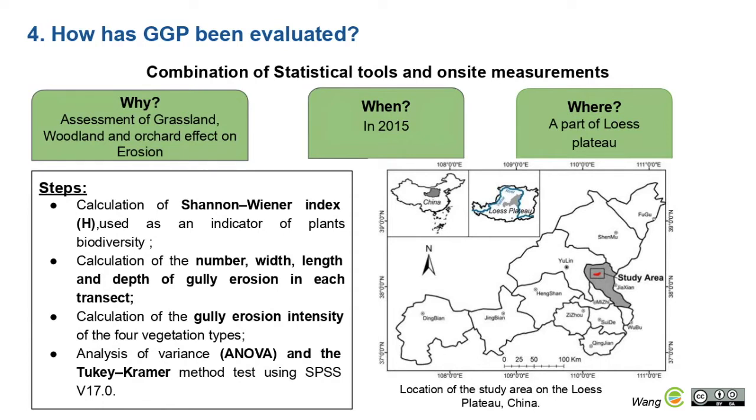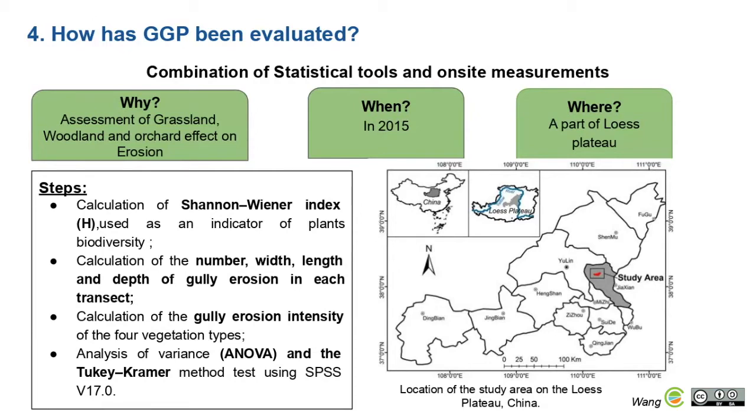So the studied area is a part of the Loess Plateau of China that is shown again in this map. And the study has been done in 2015. So the steps are described here. The first one is to calculate an index of biodiversity. And after this, the different characteristics of erosion are calculated in order to calculate later the erosion.